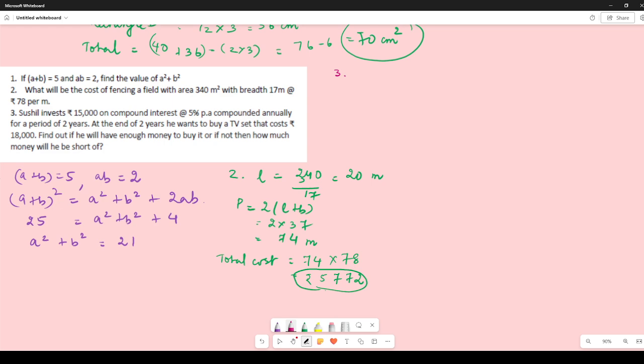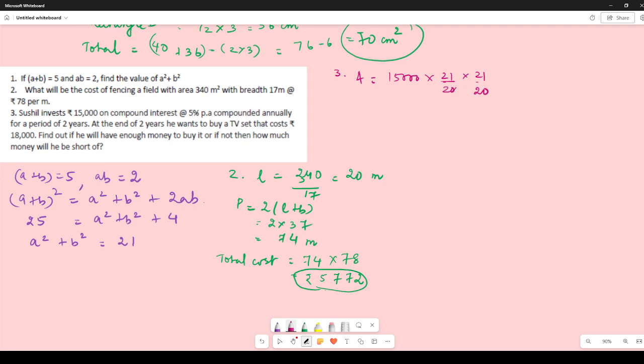So let us just check with what amount he has. What is the money that Sushil has? So let us find out the amount first. So amount is principal into 5% per annum. So 21 by 20 into 21 by 20. So I'm not writing in detail. The formula will be 105 by 100 into 105 by 100. So I have written it that way.